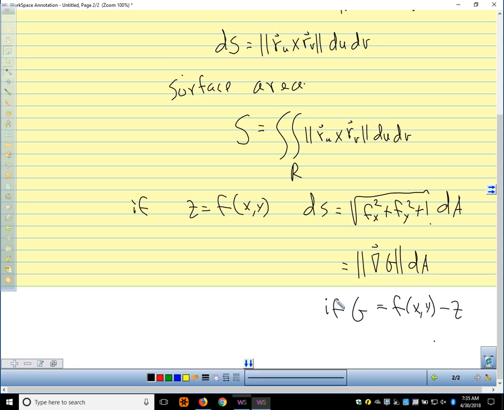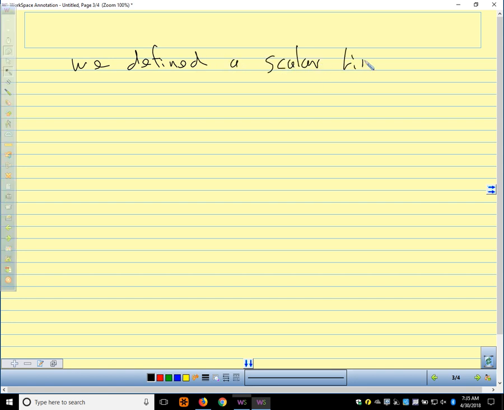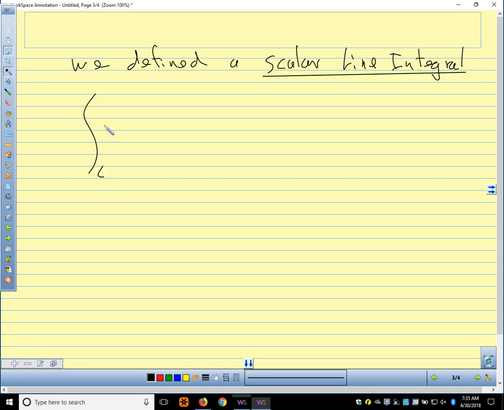Now, when we talked about line integrals, we defined a scalar line integral along a path.